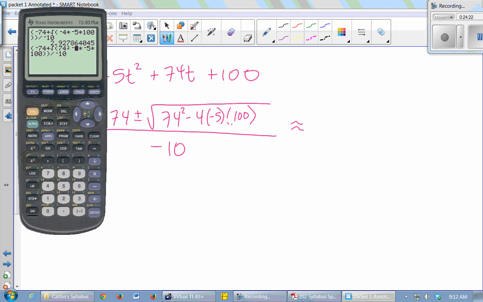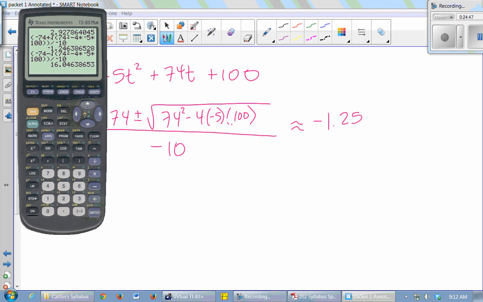There we go. And that should be minus 4. Negative 1.2425, which doesn't make any sense. So it must be, because it's plus or minus, I just did the plus. So I'll do it again with the minus.